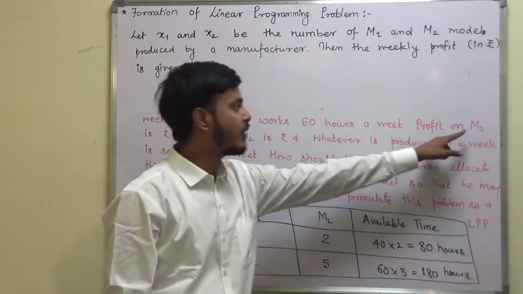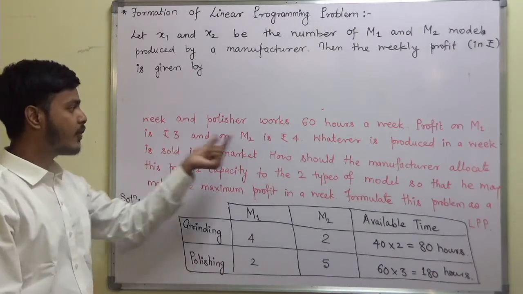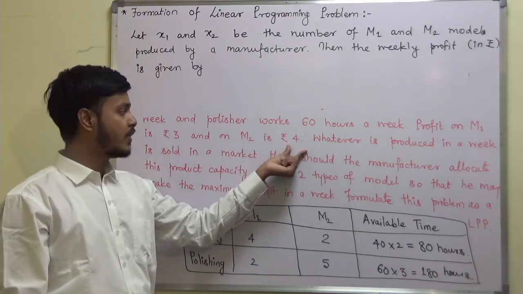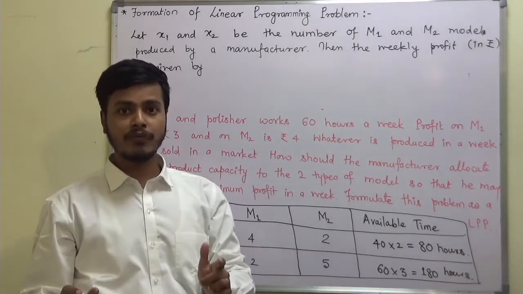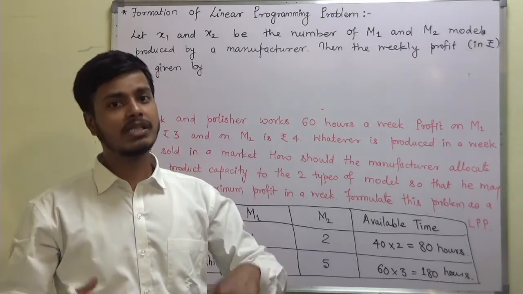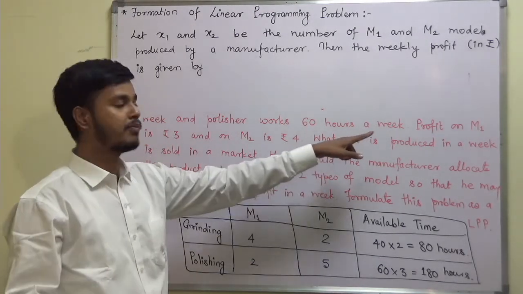It has 3 rupees on M1 and on M2 we have 4 rupees of profit. Whenever there is a problem of profit, we have to maximize the profit and minimize the loss. So this problem is of profit.